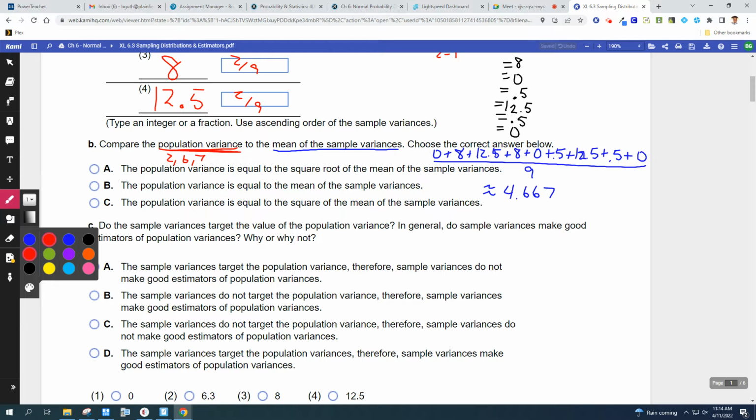Okay. So remember what the formula was. I guess for population, it's slightly different. For population variance, it's sigma squared, and it's the sum of x minus mu squared over capital N. Essentially that's the same formula.